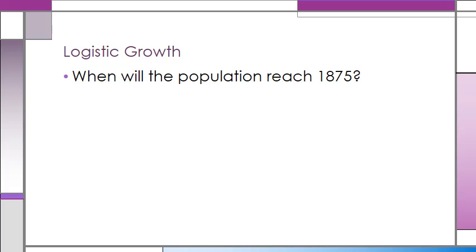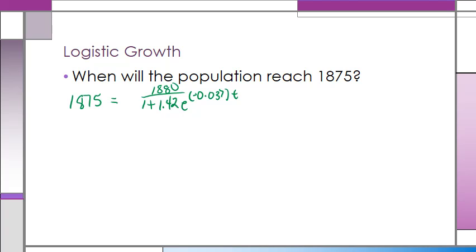So if we're going to solve this, then we're going to say that when P of t equals 1875, equals our logistic growth model, 1880 over 1 plus 1.42e raised to the power of negative 0.037t.